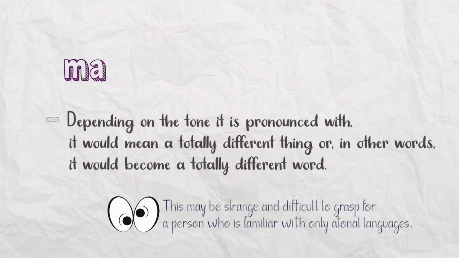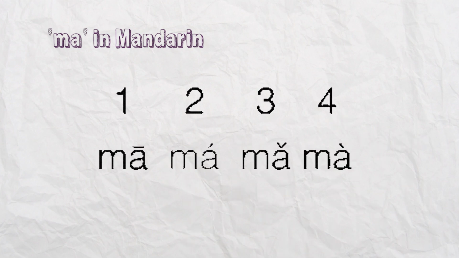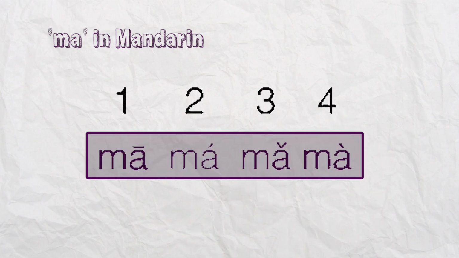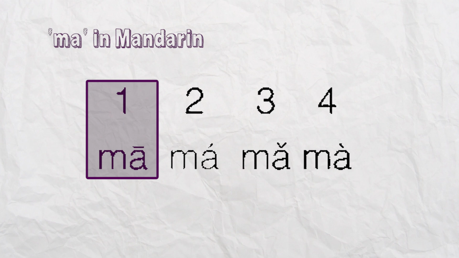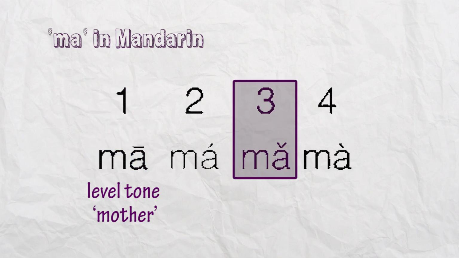Again, this might be difficult for you to grasp if you come from an atonal linguistic background. In this picture, you can see the word ma having different tones on its vowel, and in each case, it has a different meaning. The word ma in Mandarin, when pronounced in a level tone, in a flat tone, means mother. Ma, again, I'm not a Mandarin speaker, and my pronunciation is far from perfect. Ma, written with this accent, which is falling, rising, accent number 3, means horse.